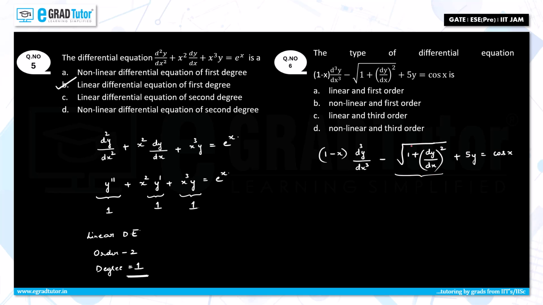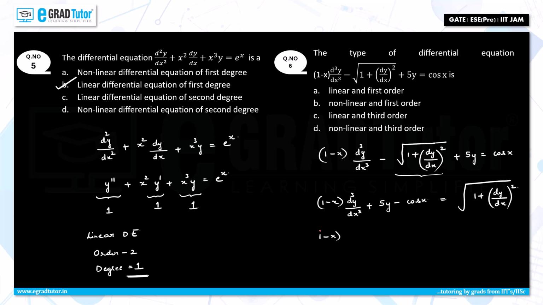You need to remove the square root here. So 1 minus x times d cube y by dx cube plus 5y minus cos x is equal to under root 1 plus dy by dx the whole square. Okay, so you do squaring on both sides.